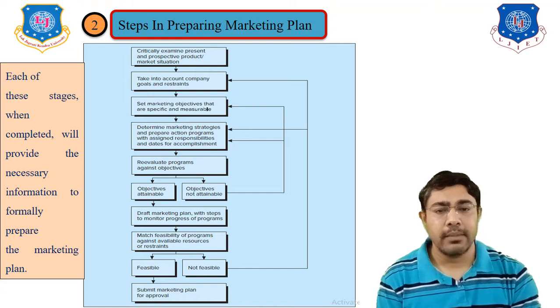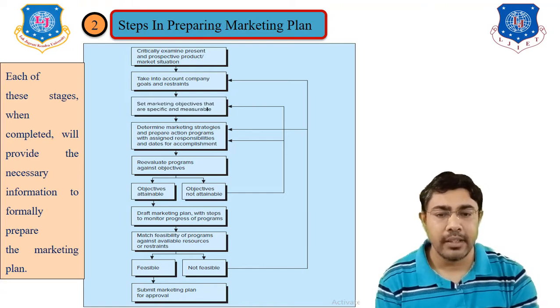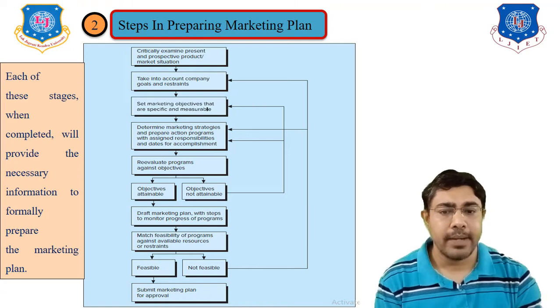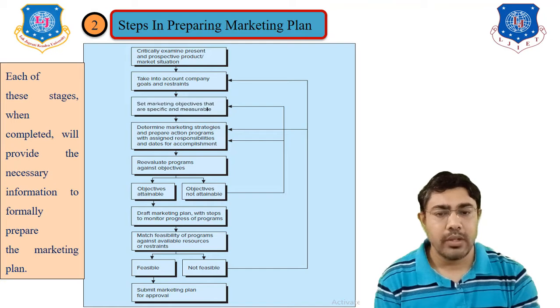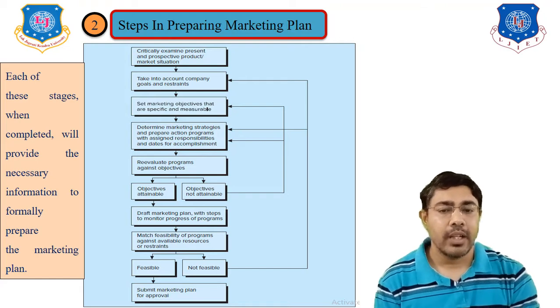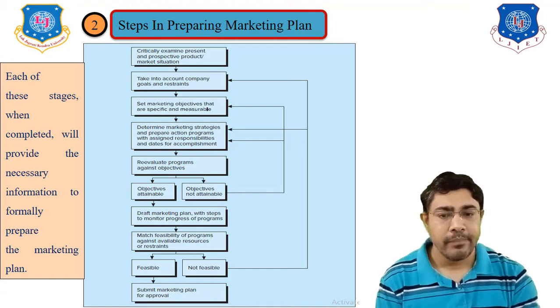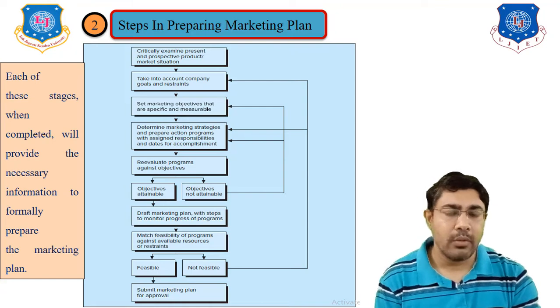The preparation of the marketing plan starts with a critical examination of the present and prospective product and market situation. So the current market situation and products are considered in the first step in preparing the marketing plan. After that, the second step is to take into account company goals and restraints.